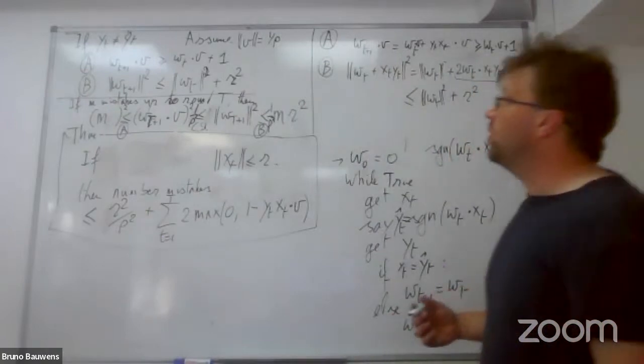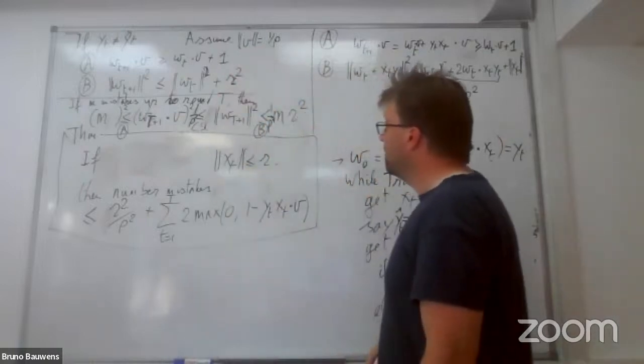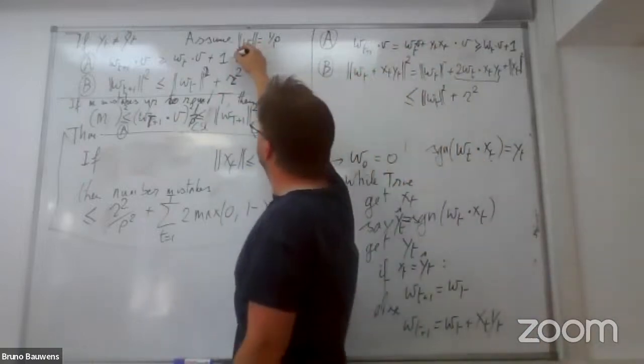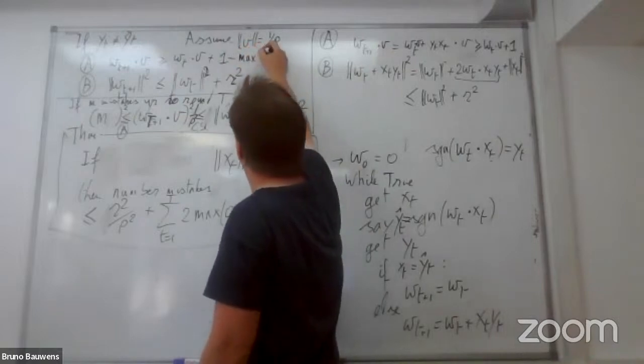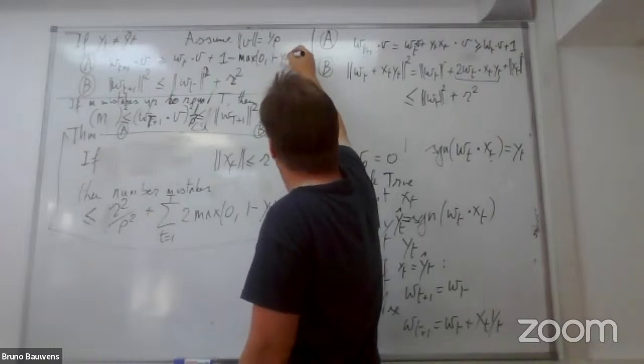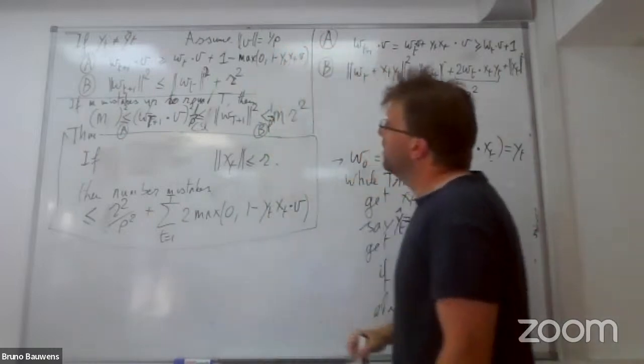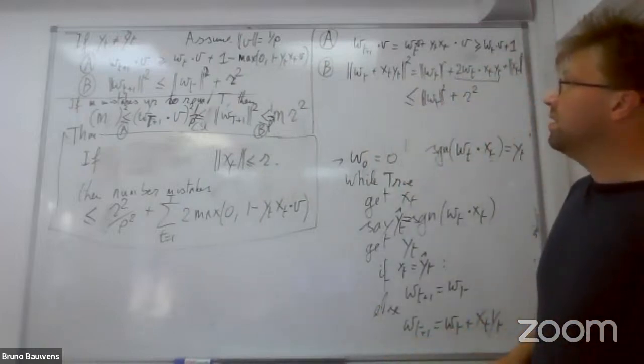Okay, so now what changes in A and B? We will use the same structure, but now we will subtract the maximum of 0 and this thing here: 1 minus y_t x_t times v.